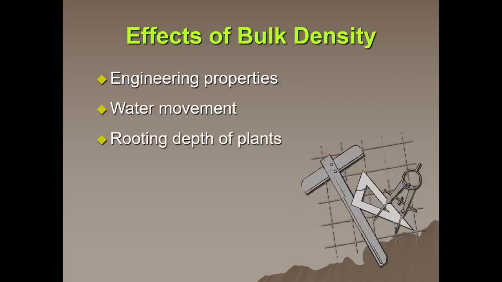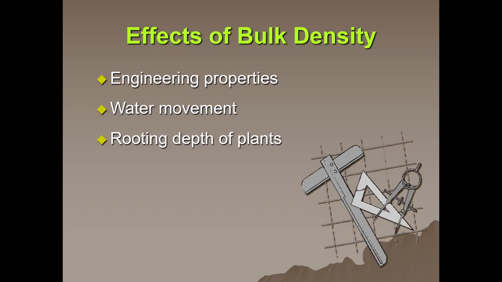Effect of bulk density: it affects the engineering properties because we establish engineering structures in our soil system, or soil holds so many things, roads, buildings and other structures. Therefore, the bulk density of soil is important in engineering. Water movement: as I told you, if the bulk density is too high, then there would be a problem in water movement, especially water infiltration would be reduced.